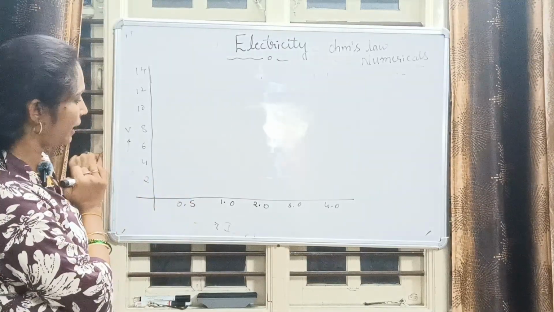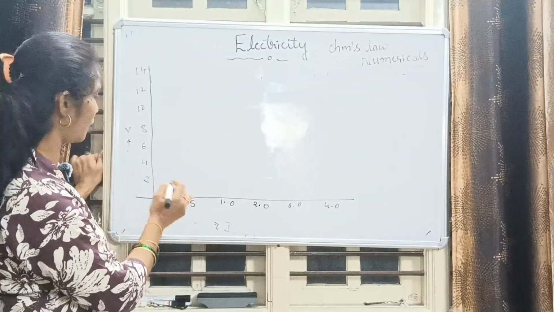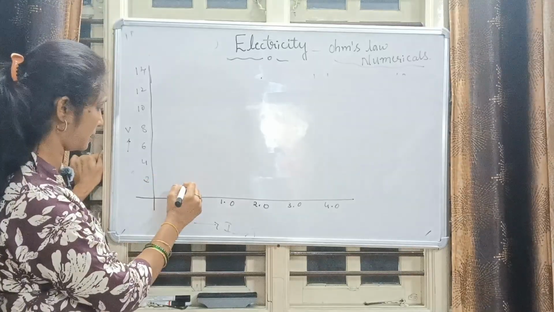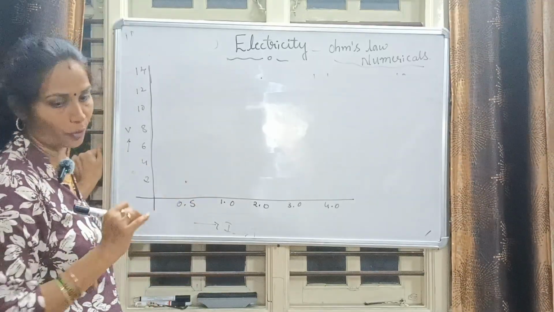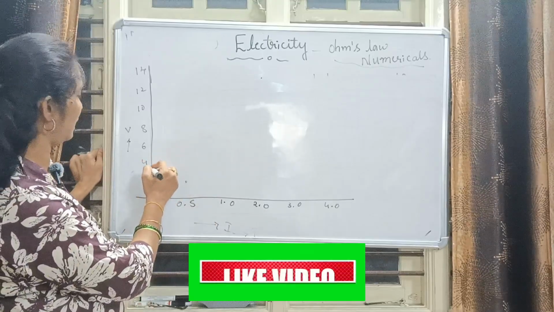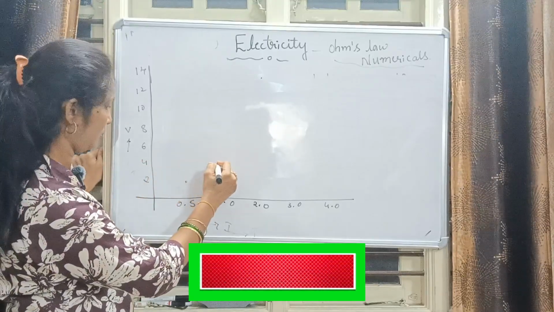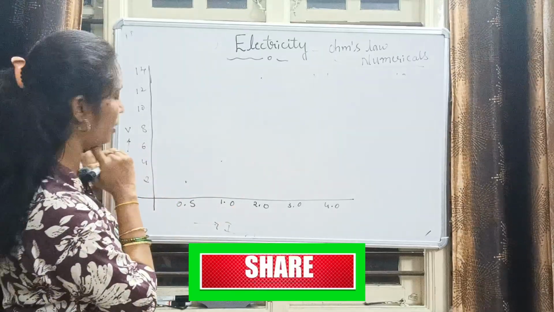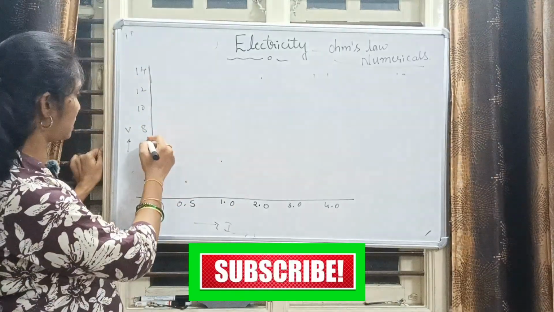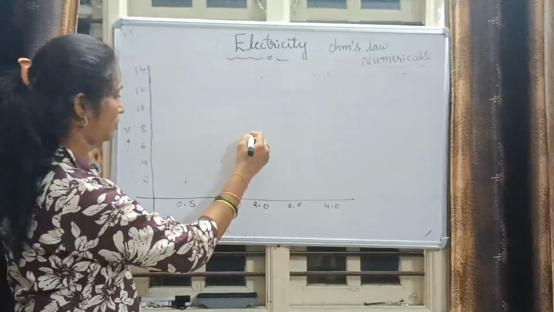For 0.5 ampere, how much is it? It is around 1.6, correct? I'll note down here. For 1.0, it is around 3.4. Okay. For 2 ampere, it is around how much, guys? 6 point something.